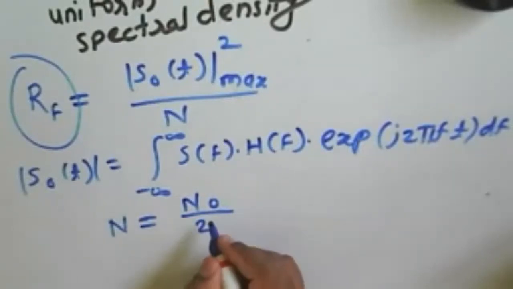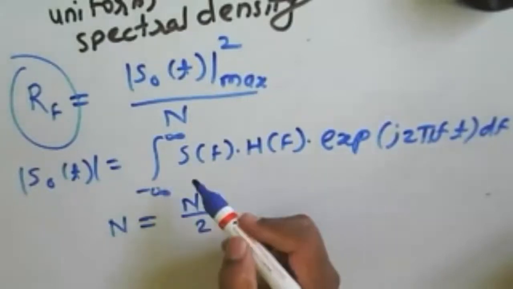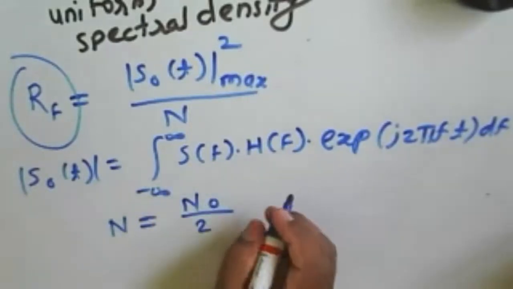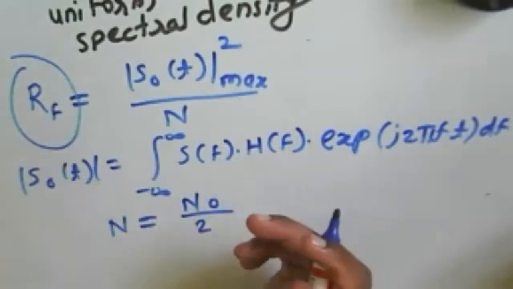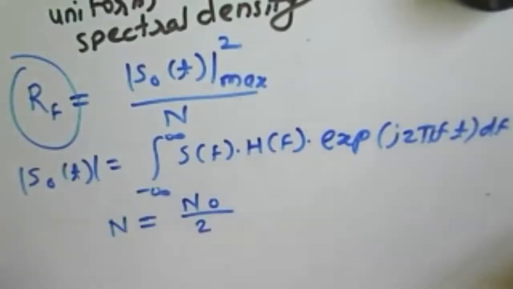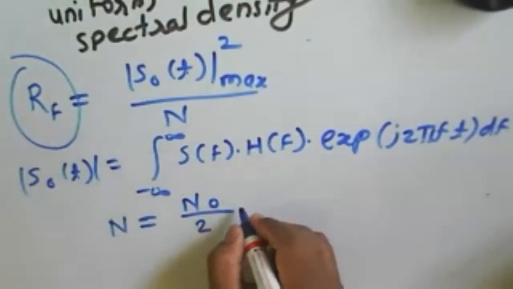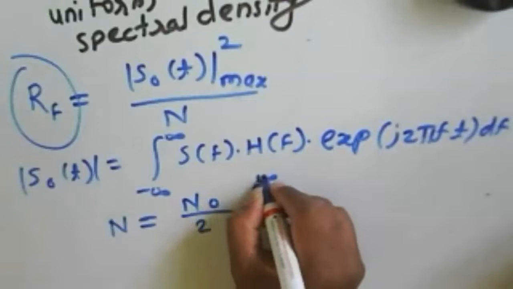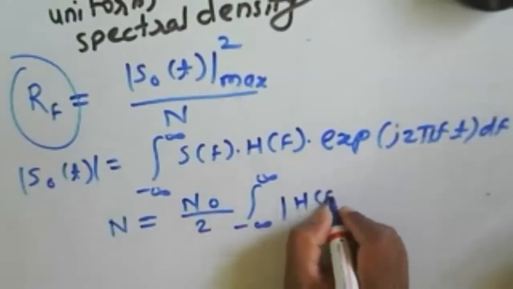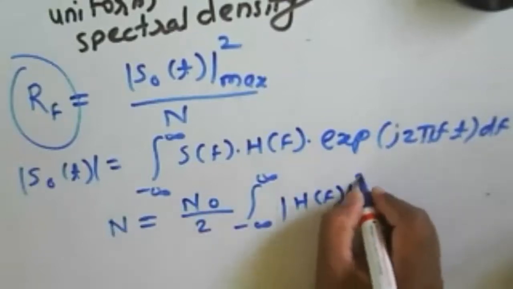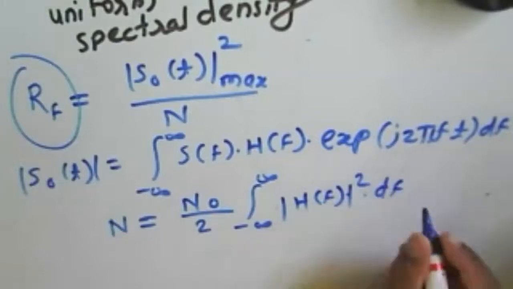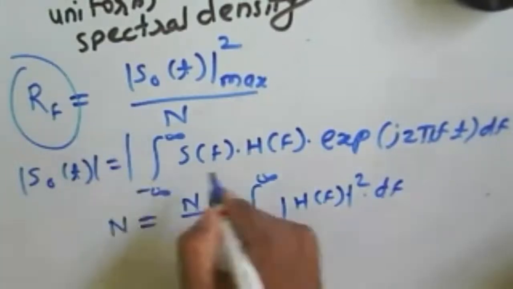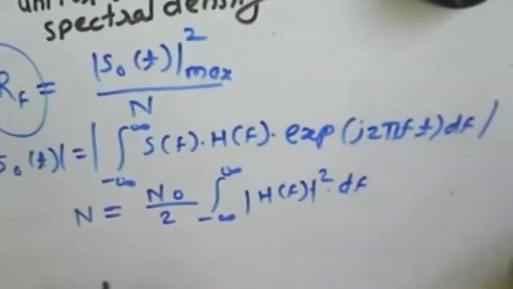This factor of 1 by 2 is because we have limits from minus infinity to infinity, and thus n0 is defined per cycle for the given bandwidth. So that's why n0 by 2, and it is equal to the integral from minus infinity to plus infinity of mod h of f squared df.